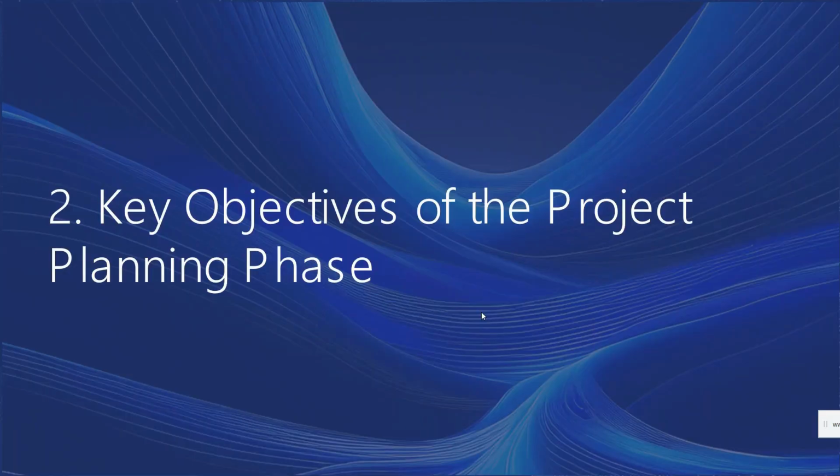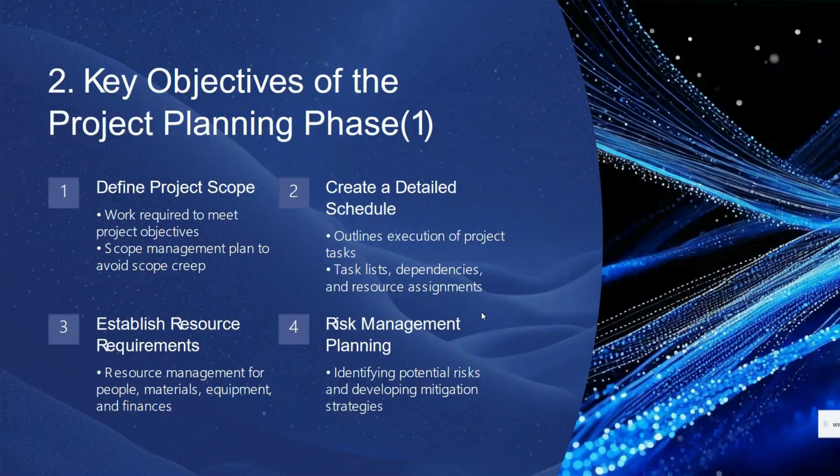Next, we have the key objectives of project planning phase. So, number one, we have here define project scope, the work required to meet project objectives, then scope management plan to avoid the scope creep. The scope of the project refers to the work required to meet the project's objectives.